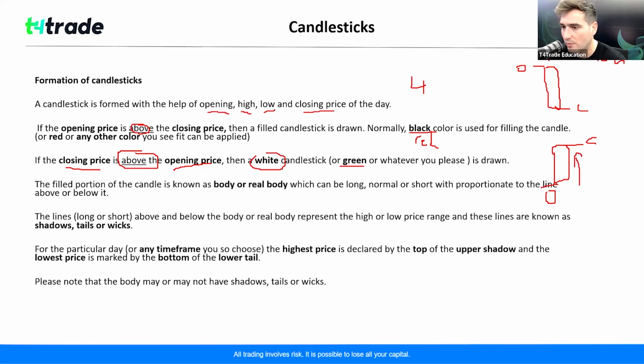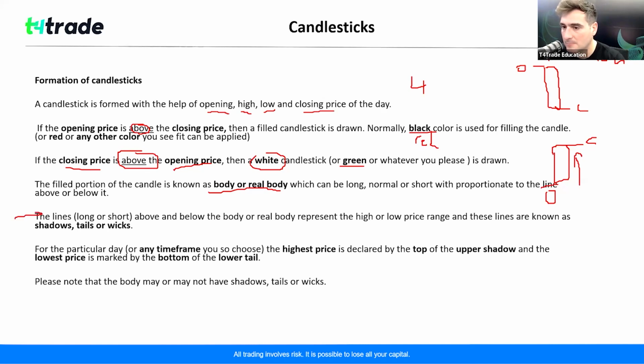The filled portion of the candle is known as the body or the real body, which can be long, normal, or short, proportionate to the line above or below it. How big the body of the candle is gives you different indications. You will see them shortly.